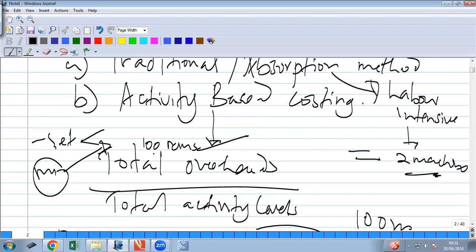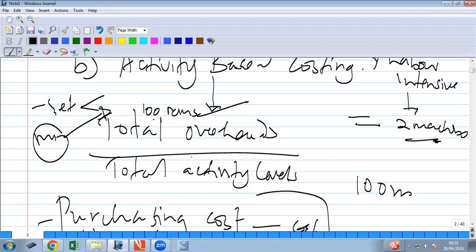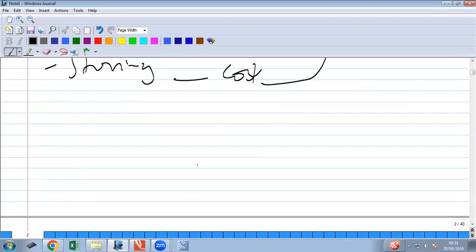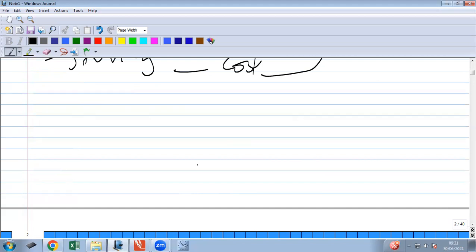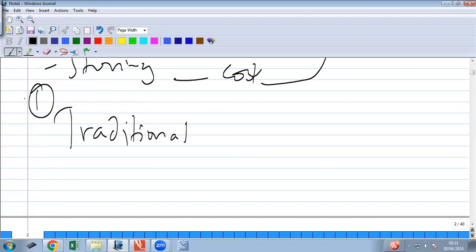Let's write about the traditional costing method. We are writing this as our first costing system. This is the traditional costing method, or absorption.